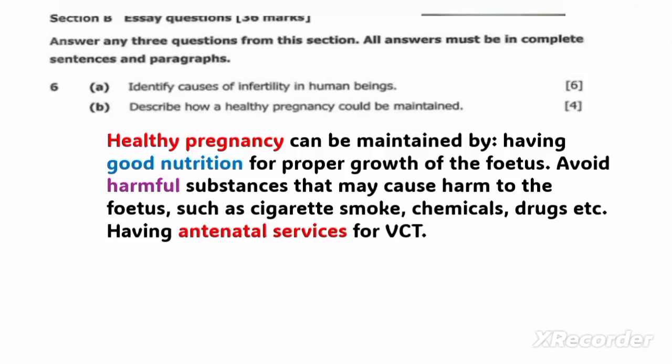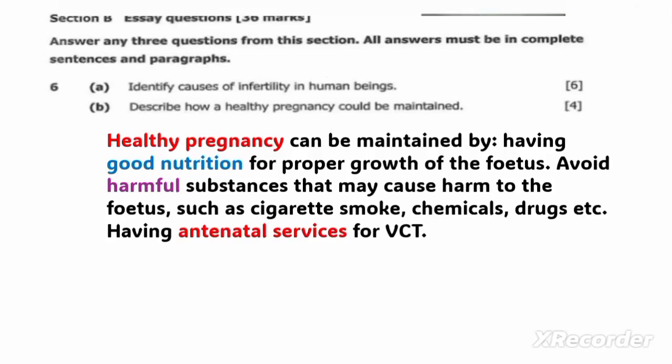Last time we looked at the importance of nutrients. Good nutrients will guarantee the proper growth of the fetus, so the fetus will grow well if it is provided with good nutrition.